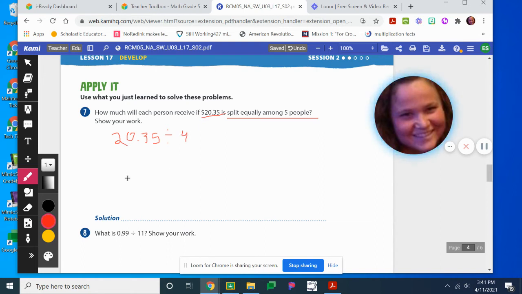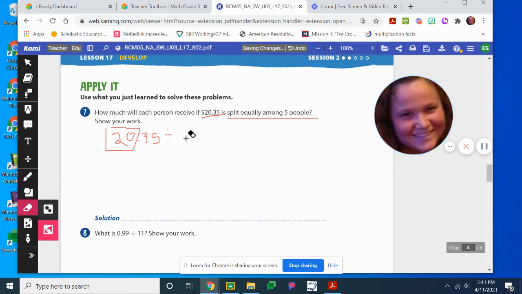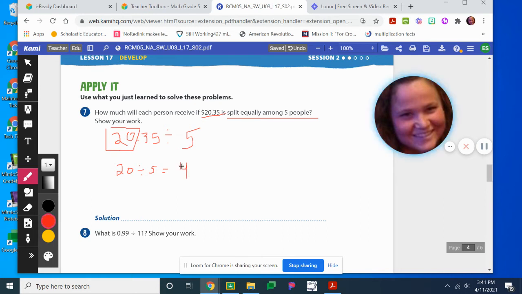One way that we can do that is we're going to chunk it out. We know we have 20 whole dollars. And if, oh, not divided by 4, divided by 5. If we take 20 whole dollars divided by 5 people, that gives us $4 a person.